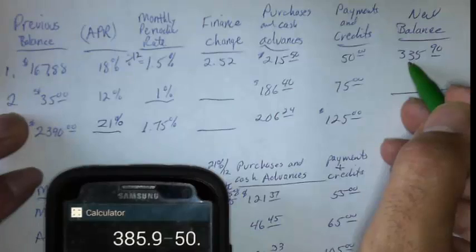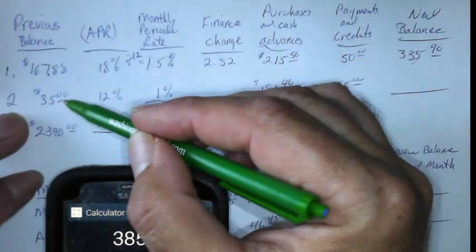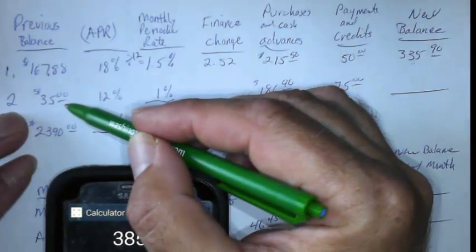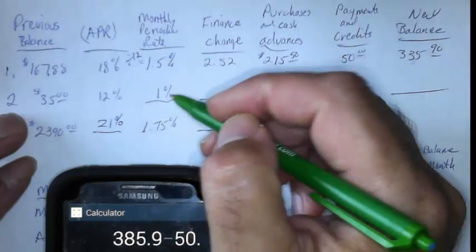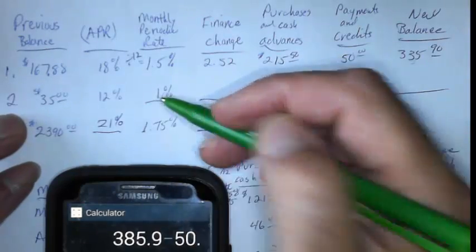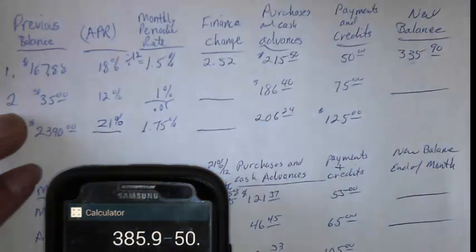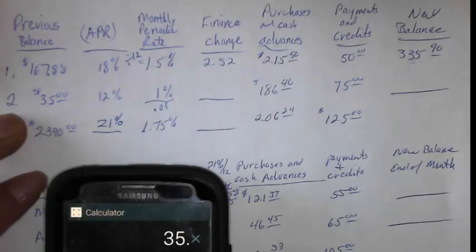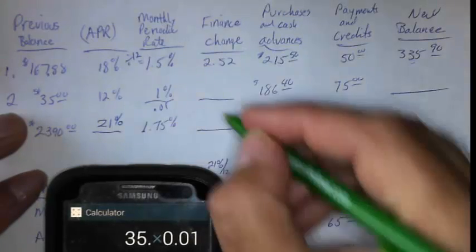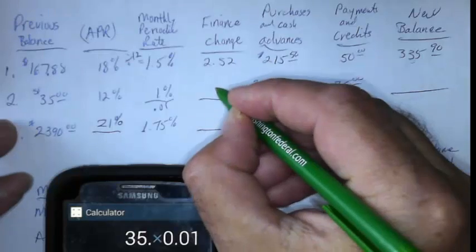Okay, so let's do another one of those. We had a previous balance of $35. Monthly is going to be 1%, so we change that to a decimal, 0.01. So we'd have 35 times 0.01 equals 35 cents.